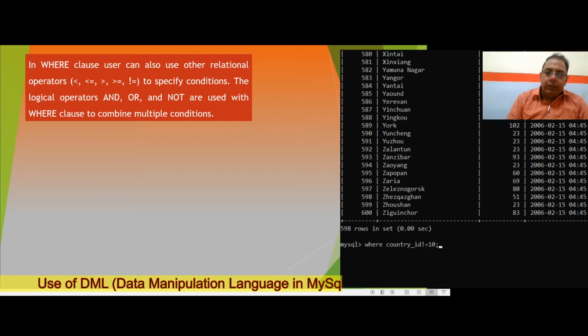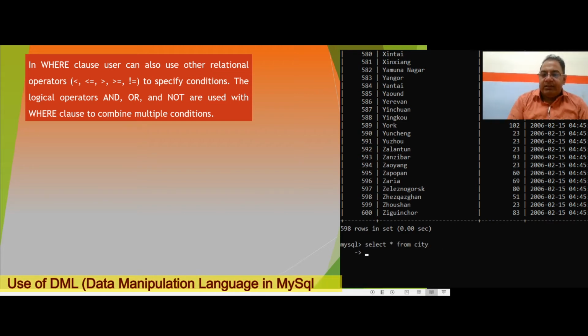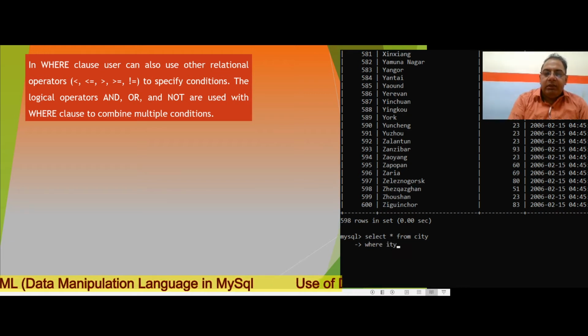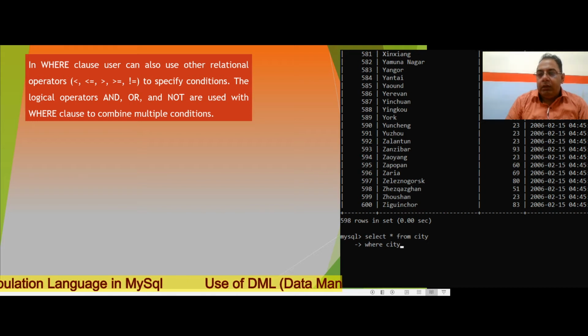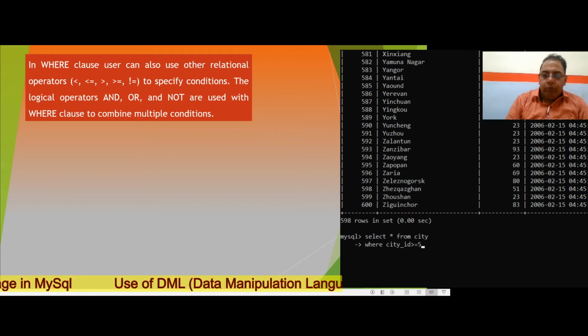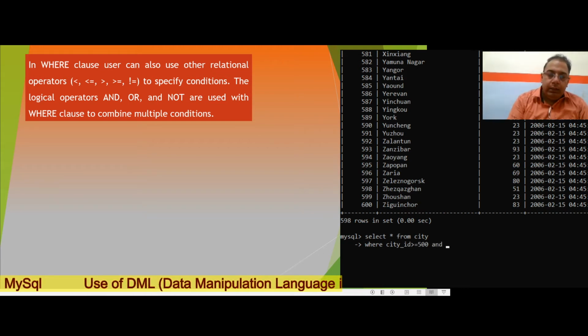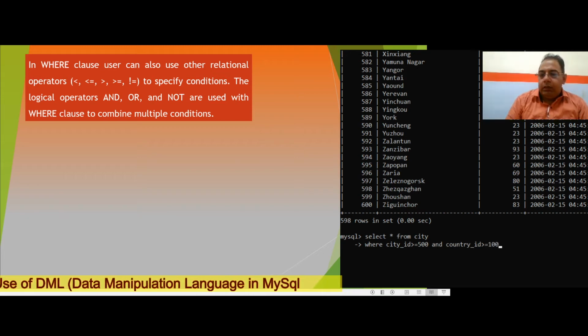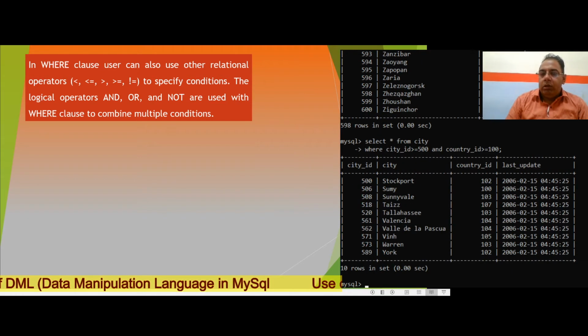I want to display the record that, select star from city where city_id greater than equal to 500 and country_id greater than equal to 100. Put the semicolon.